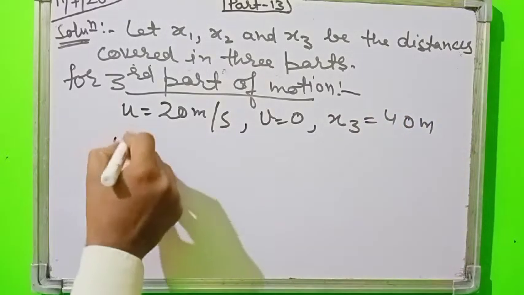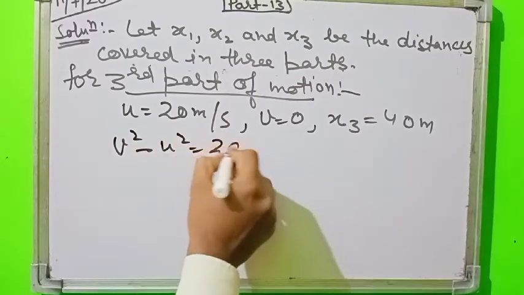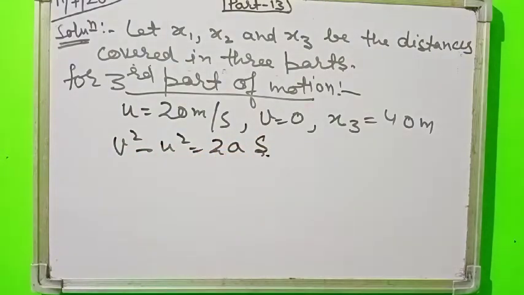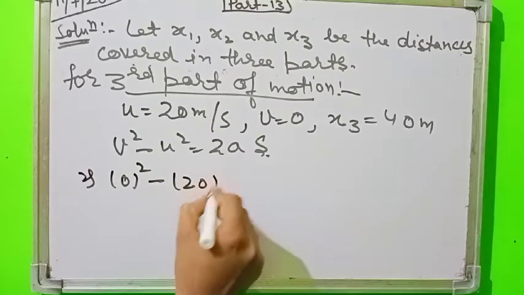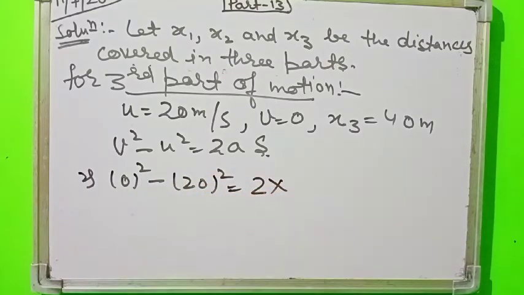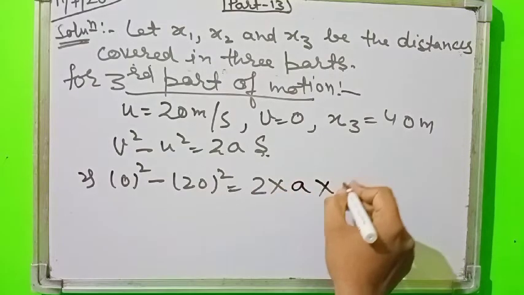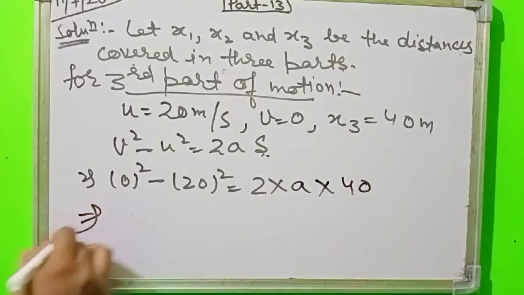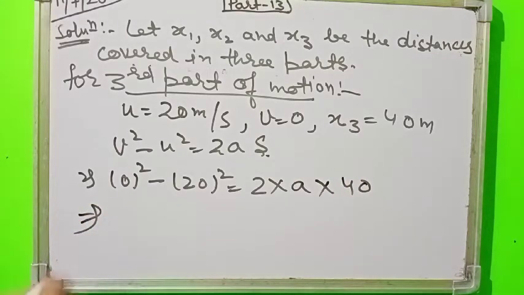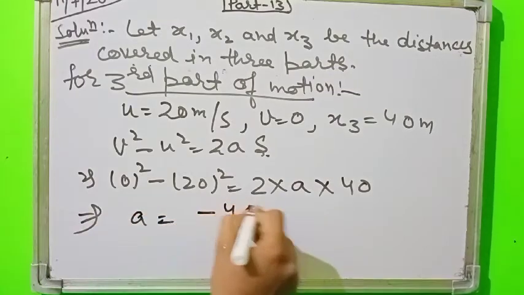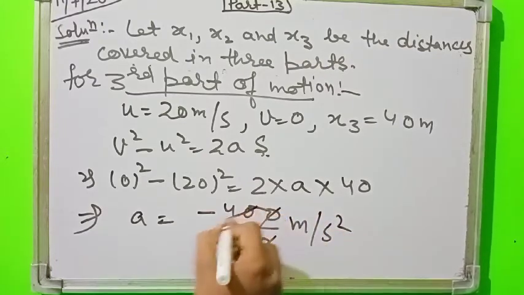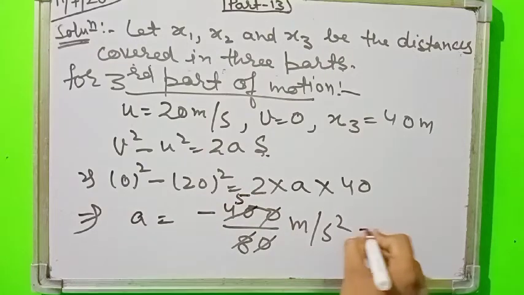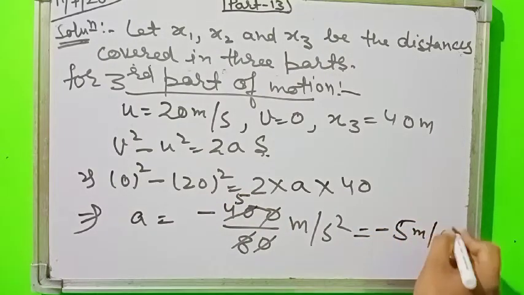Applying v square minus u square is equal to 2as, 0 square minus 20 square is equal to 2 into a into 40. So a is equal to minus 400 upon 80, which is minus 5 meter per second square.